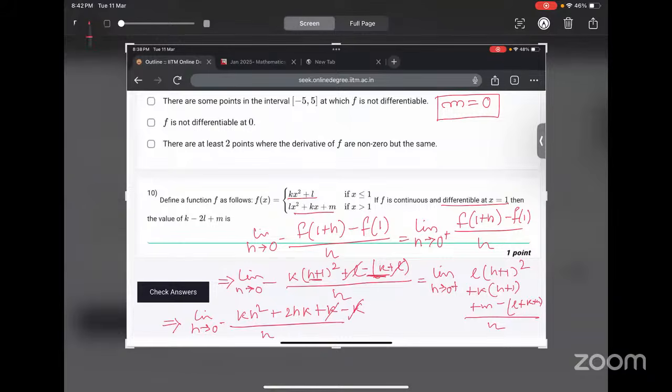And limit h tending to 0 plus, from here we will get hl squared plus 2hl plus l minus l. So this l will be cancelled out. Then kh plus k, again minus k will be cancelled out, and plus m and minus m will be cancelled out, right? So this we will get, right?